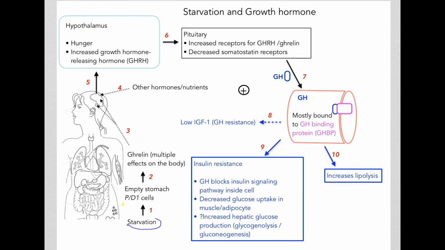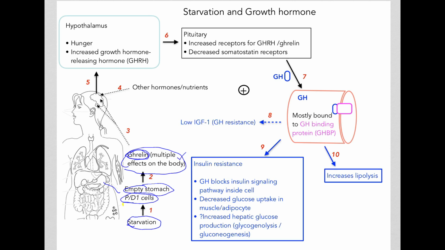So in starvation, the stomach is empty, and that causes the PD-1 cells in the stomach to synthesize and release this hormone called ghrelin. Ghrelin, very important hormone. A lot of research going on about this hormone.